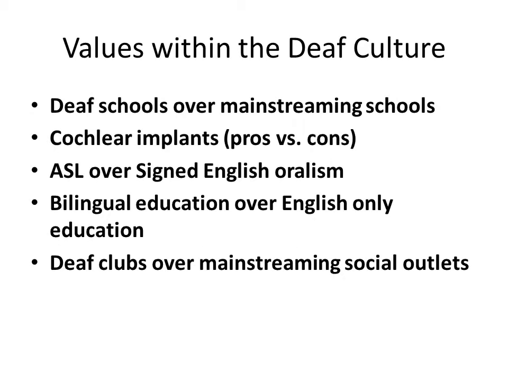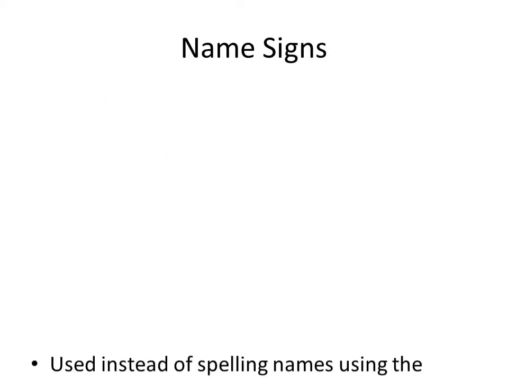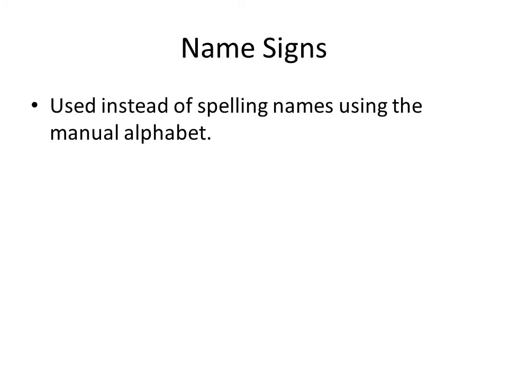One aspect of deaf culture that is valued is the use of personal name signs. Name signs are used to identify persons instead of fingerspelling their name, which many times can be tedious.